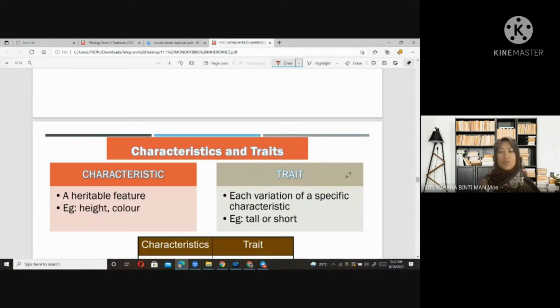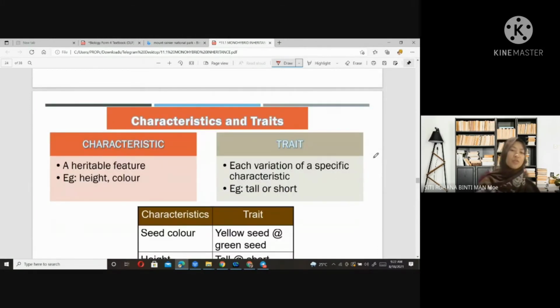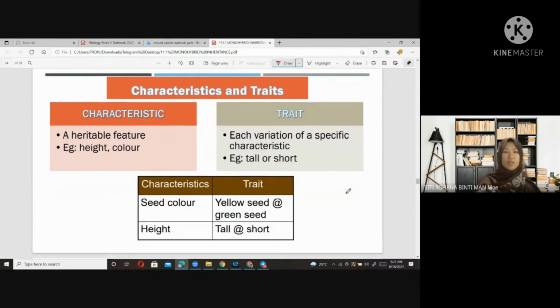Okay, next look at the terms. Okay, characteristic, traits. Characteristic, a heritable feature. Okay, observable characteristic. Okay, for example, height, color. Okay, trait actually is the subset. Subset ni istilah maths tapi nak bagi awak faham. Trait for characteristic. Okay, each variation of a specific characteristic.